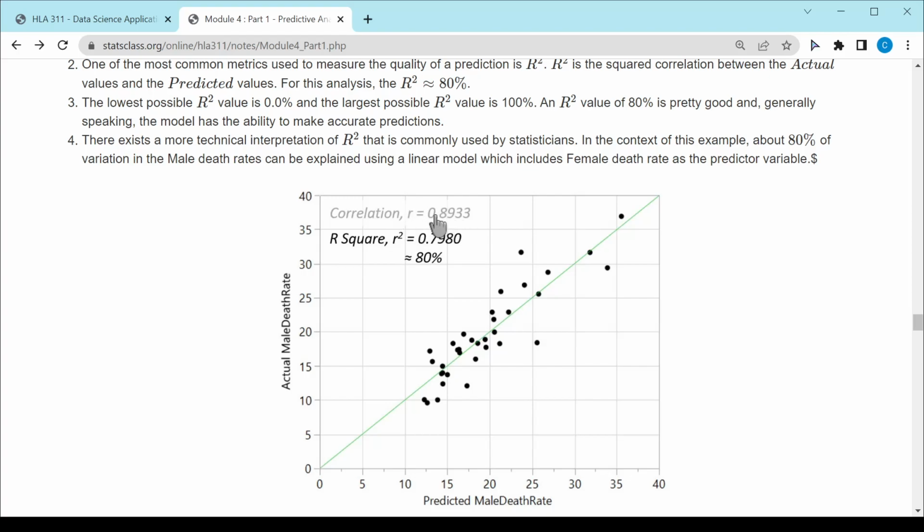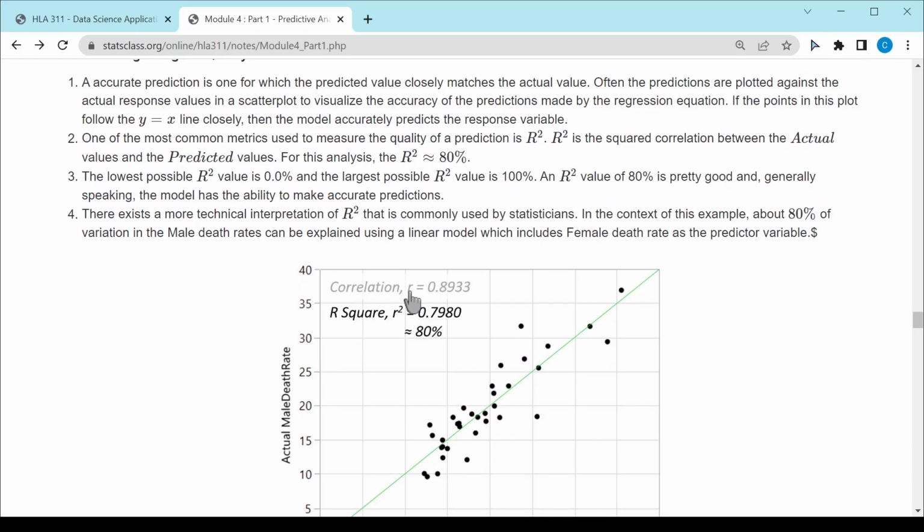So if I take the 0.8933 and square that, I get 0.7980, which is about 80%. Okay, so the higher the correlation value, certainly the higher the R-squared value is going to be. The R-squared value ranges from 0 all the way up through 100%. And the closer you are to 100%, the more accurate the predictions are going to be.